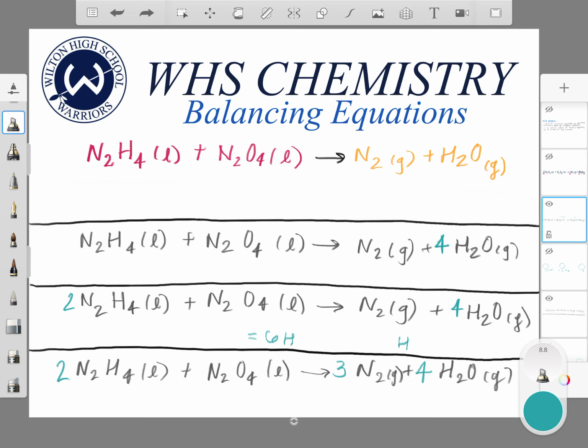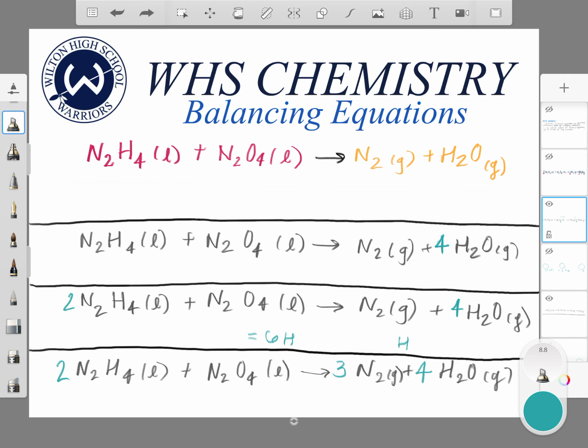Now, if we look at hydrogen, we have 2 times 4, we have 8 hydrogens on the reactants, and then we have 4 times 2 again. We have 8 on the product side, so we're good with hydrogen. And now let's look at oxygen. We have 4 on the reactant side, and then we have 4 on the product side.